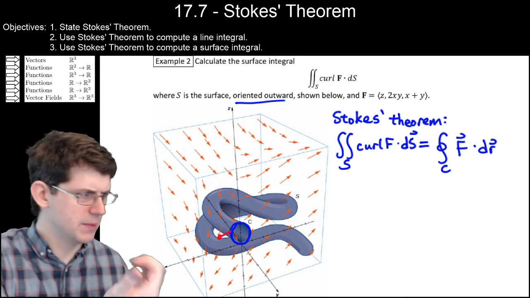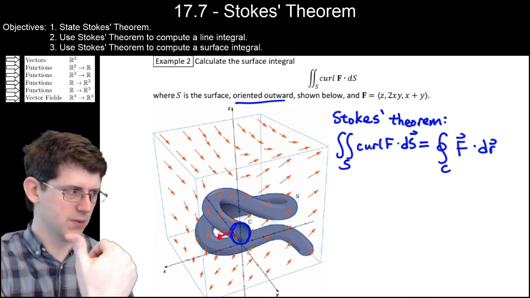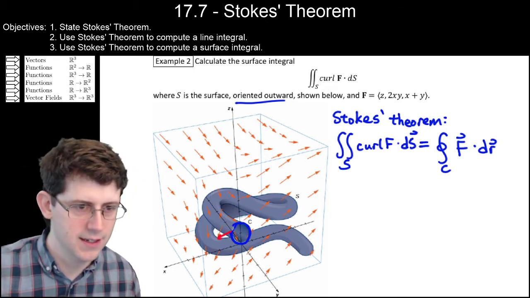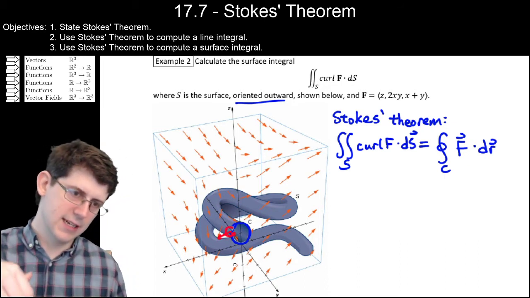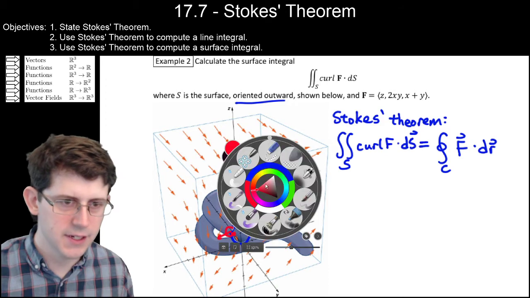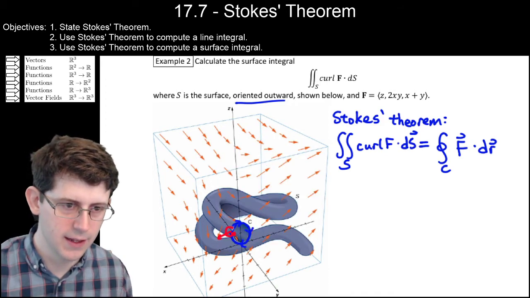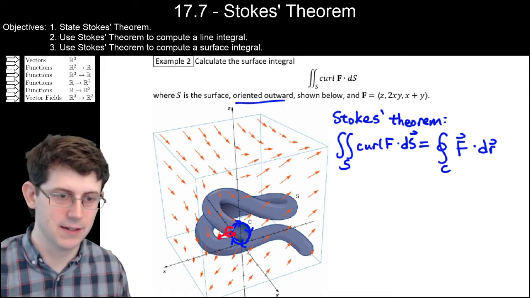If your thumb was pointing that way, then the swirls would be going this way for your right hand. So that tells you which way the curve is supposed to go. It goes this way, to align with the little swirls that are on the surface.